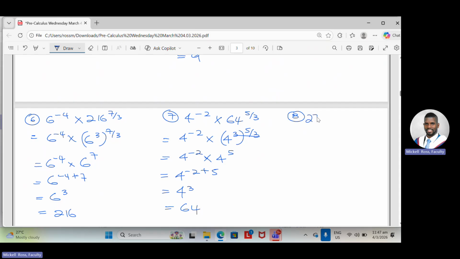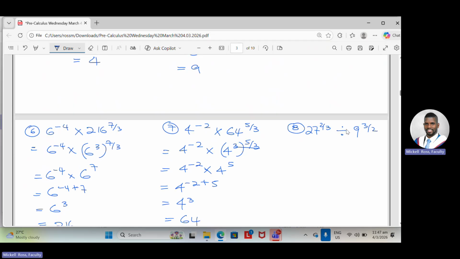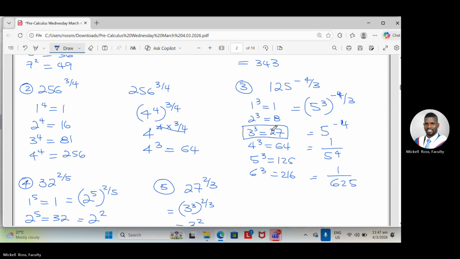Say, for instance, we have 27 to the 2/3 divided by 9 to the 3/2. We already know that 3 cubed is 27, so another way of writing 27 is 3 cubed.